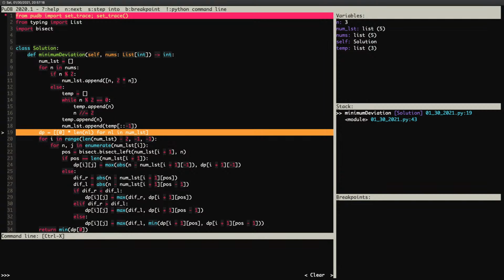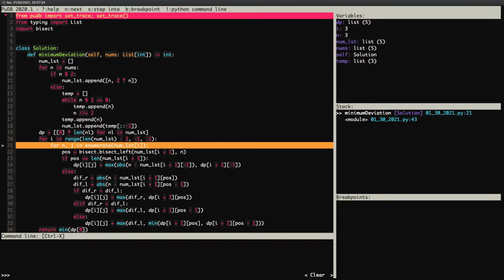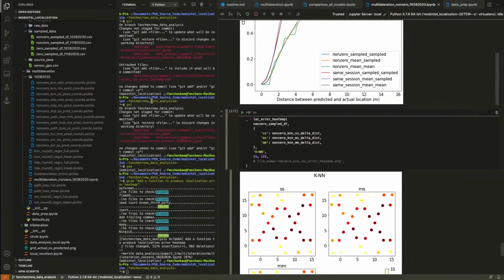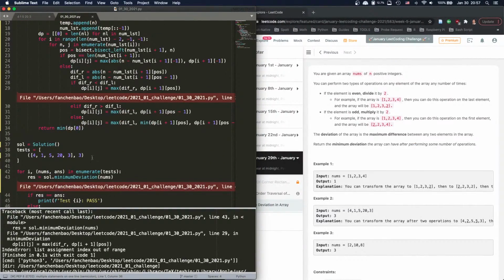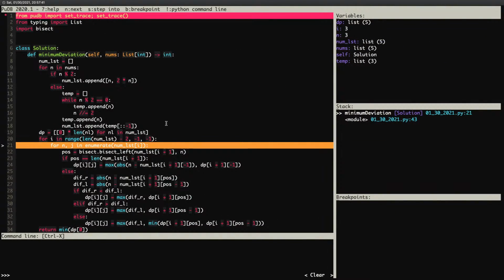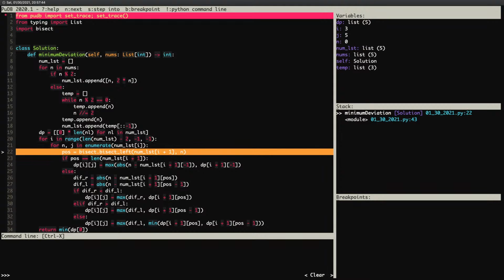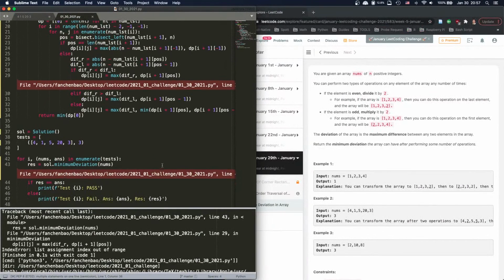So for dp, have it. Now i is 3 because we have 0, 1, 2, 3. Yes, that's right. So 3, and then let's keep going. It's 3 and then 5. So that's 5, 10, and 20.